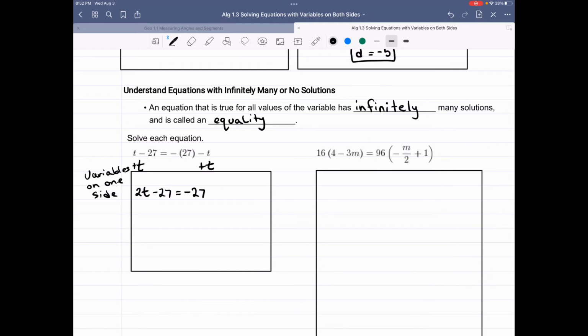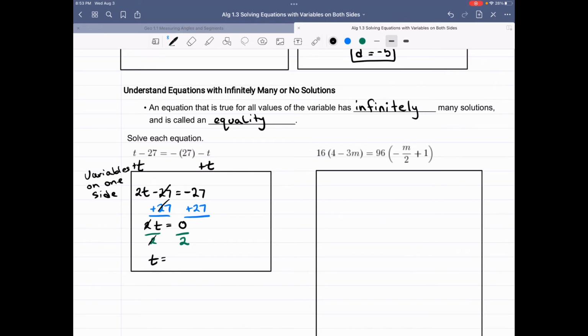Okay, and now I'm going to add 27 to both sides. And when I do that, these 27s cancel, 2t equals 0. The next step is to divide by 2, and the 2's cancel.